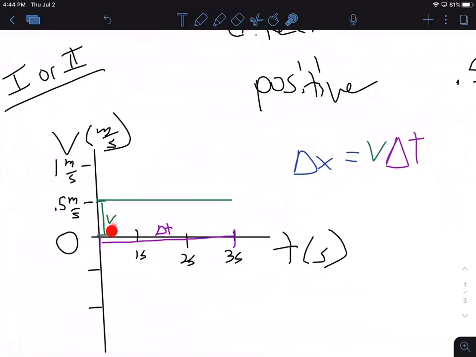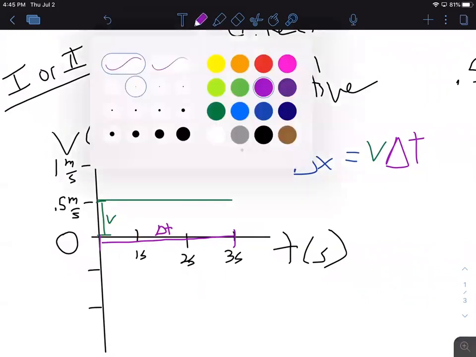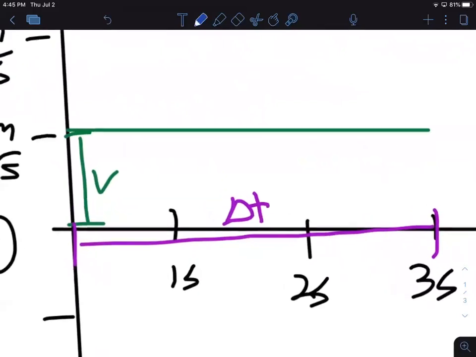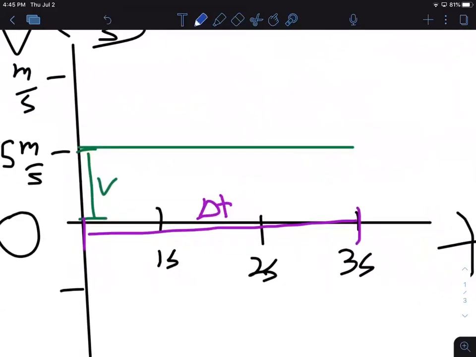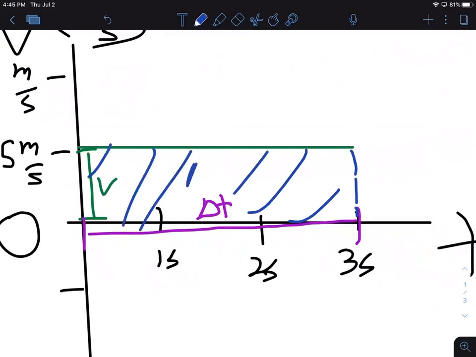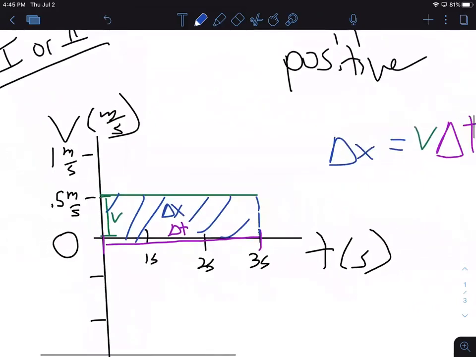And that would be the area of this rectangle, right? Base times height, delta t times v. So on this velocity graph, I can see displacement as the area, what we would call the area under the curve.